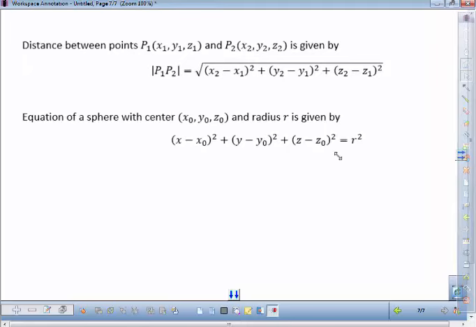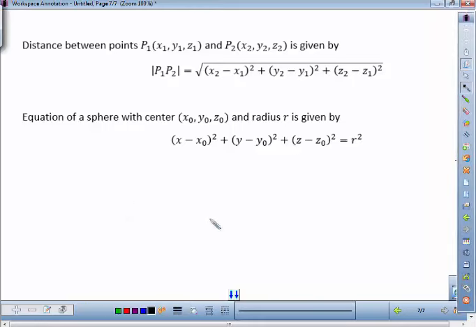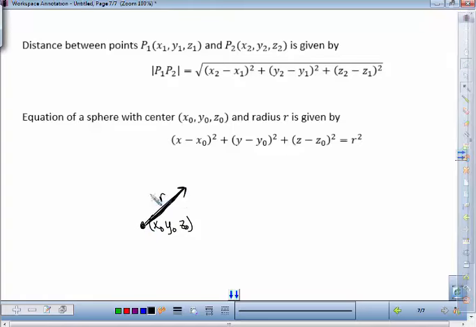Because if you take a look at a sphere, let's say you have a point, x naught, y naught, z naught, just a point in space, and then you give a fixed distance. Say the fixed distance was r distance away.